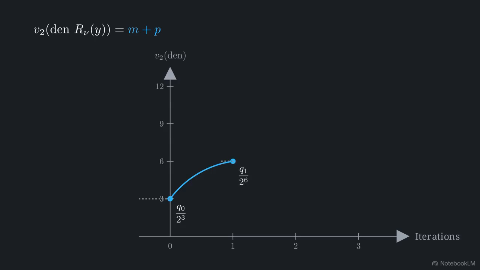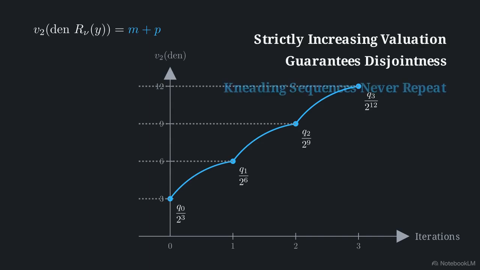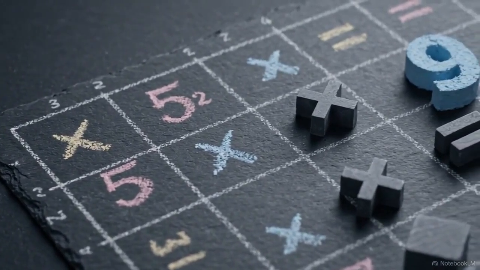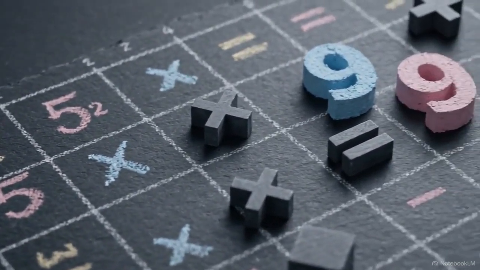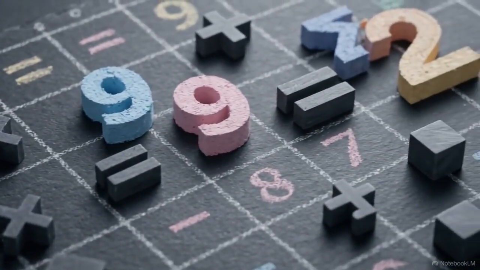Because denominators grow by exactly the sequence period at every iteration, the non-cancellation lemma prevents an orbit from returning to a previously visited state. This guarantees critical orbit disjointness and proves kneading sequences never repeat. By isolating these two-adic valuations, the framework converts chaotic trajectories into a rigidly deterministic structure. The underlying arithmetic remains permanently locked.